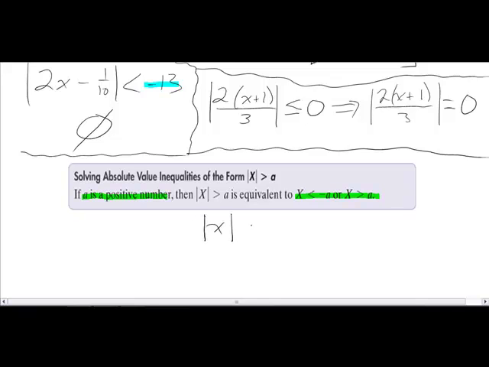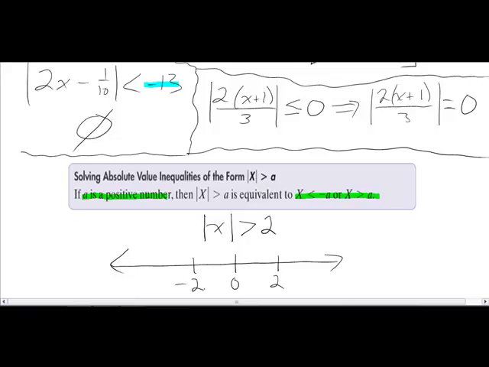The absolute value of x is greater than, let's say, 2. What are we really saying? We're saying that x is at least 2 units away from 0. Well, let's look at what that looks like on a number line. Here's 0. Here's positive 2. Here's negative 2.